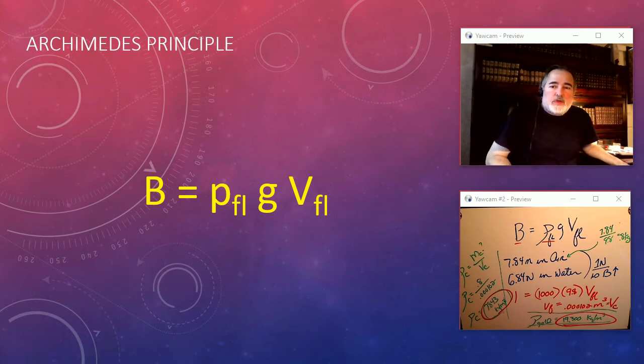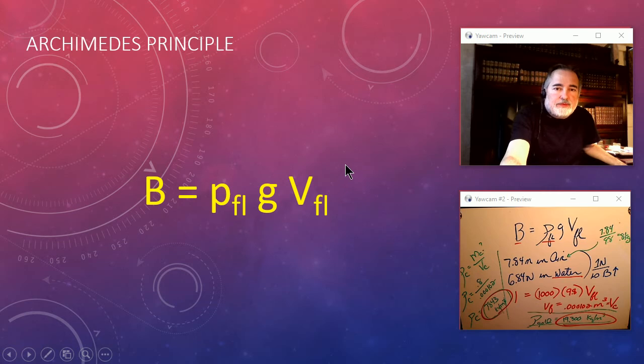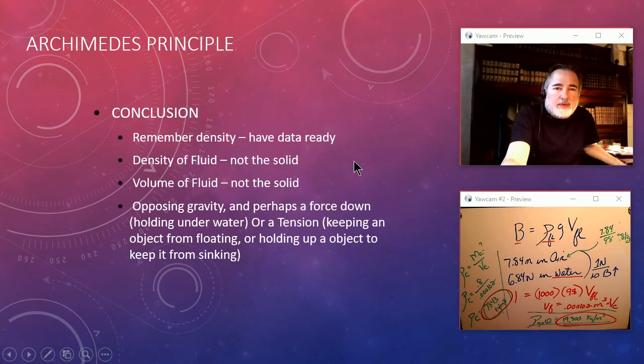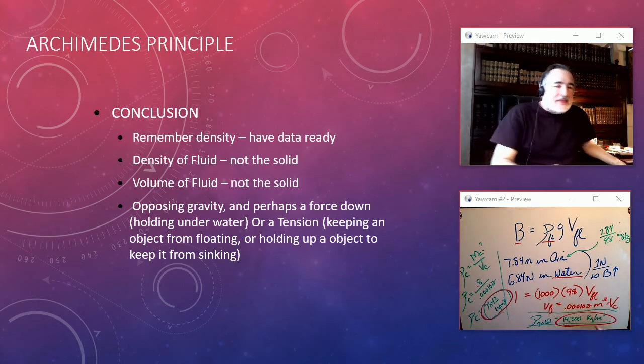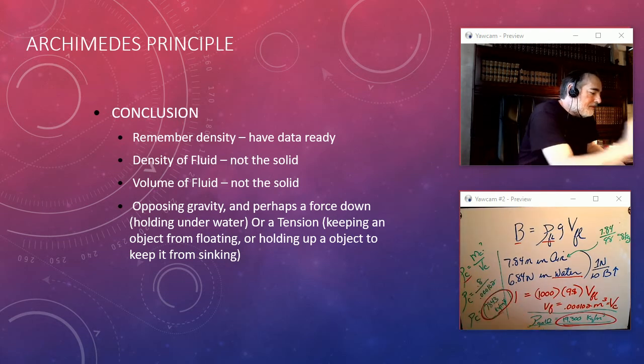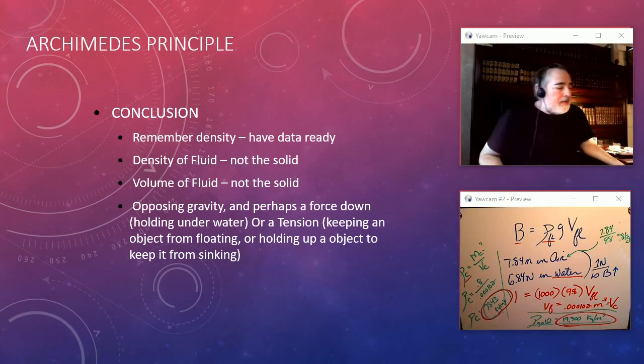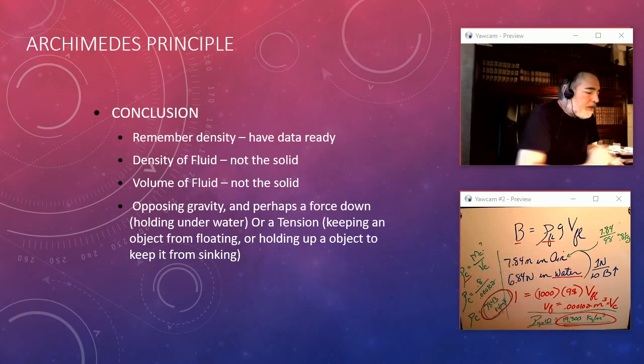In this case, we were using water, right? The density obviously changes, and the buoyant force would change if we're using some sort of other fluid. So know your way around that equation. Remember how to calculate density, and you may be given the density of the particular item, and that will give you a mass and a volume.